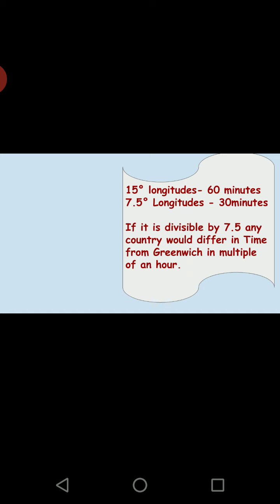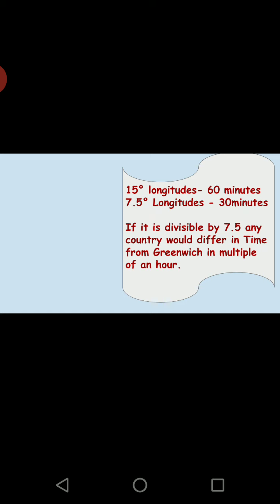So we have a time zone of 1 hour, and if we want to divide that time zone into half an hour, it will be 7.5. Whichever meridian we select should be divisible by 7.5.